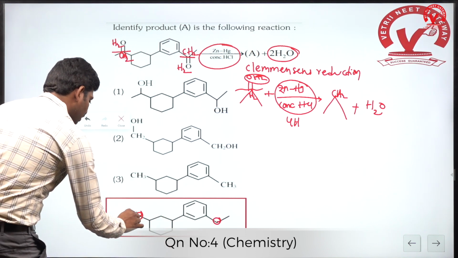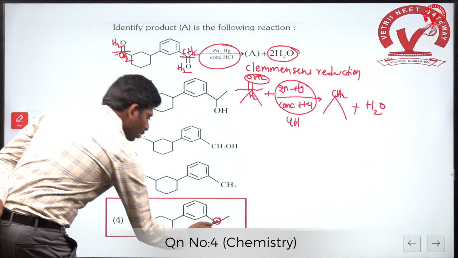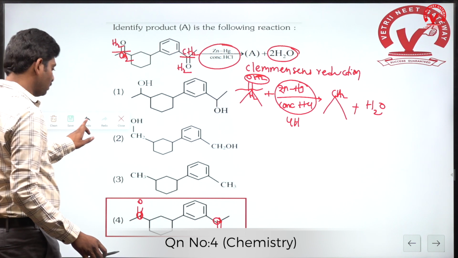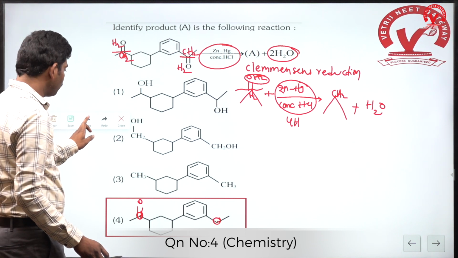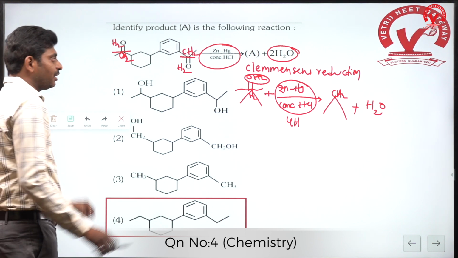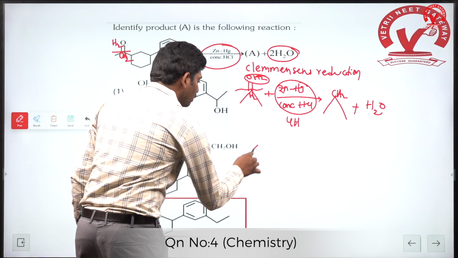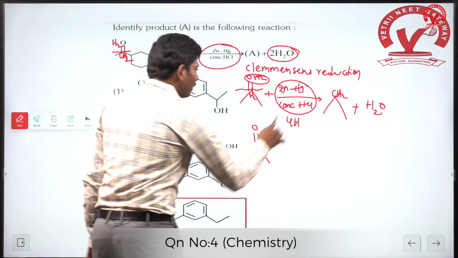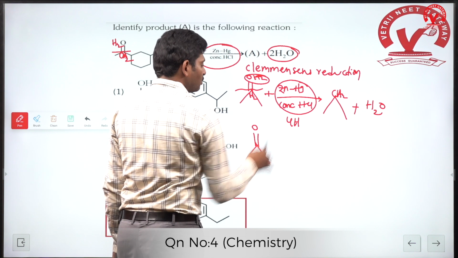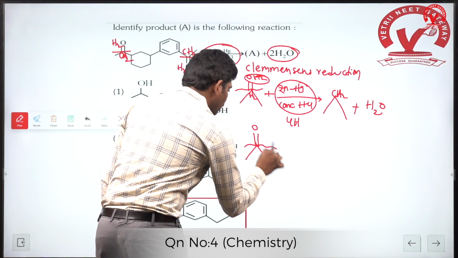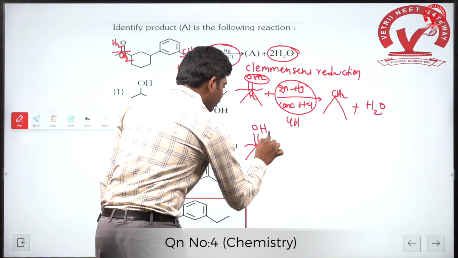Initially here what is there? A double bond O carbon. It is changed into CH2 groups. It is the Clemmensen reduction. What is the Clemmensen reduction? One more time I will explain. This CO group reacts with zinc mercury in presence of concentrated HCl. Like this, it will release the hydrogen.